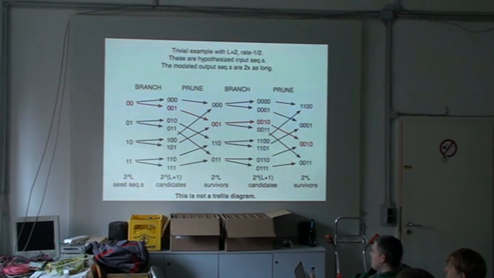Although in practice, the protocols are usually designed in such a way that the shift registers are initialized to all 0 at the start of the decoding process. So in a real protocol, the only candidate you really needed to generate was this one. But if I'd only put that on the slide, it wouldn't make quite as much sense.